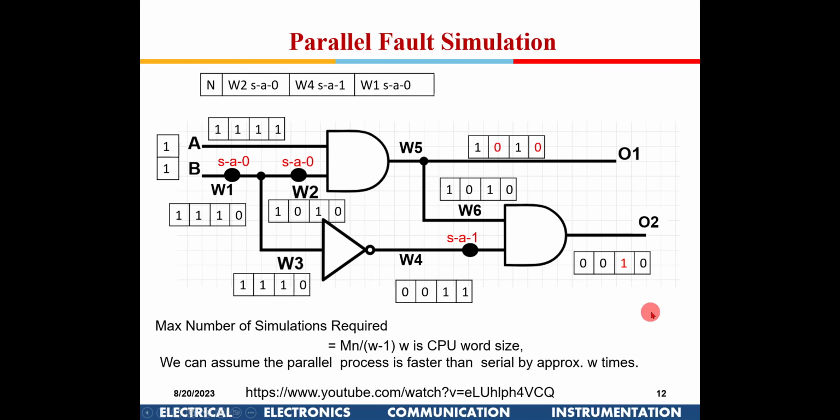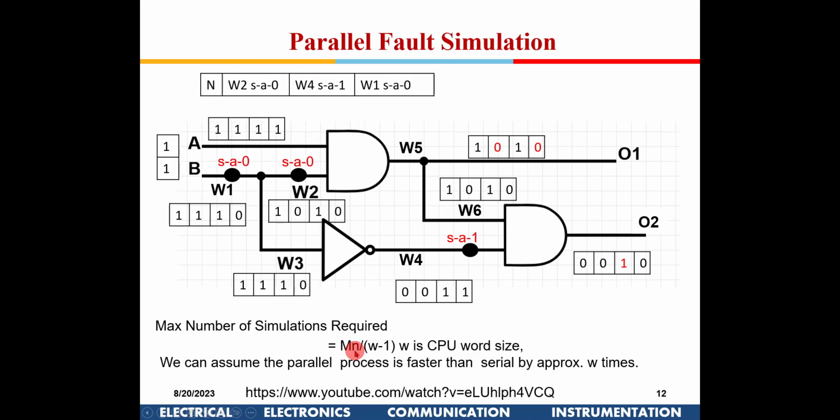Okay. Now, what are the faults which we took, 1, 2, 3 faults, and I guess all the 3 faults have been detected, right? 2 faults got detected in output O1 and 1 fault got detected at output O2. Then I take the next test vector and another set of faults. Now the max number of simulations, initially we said it was n into m.